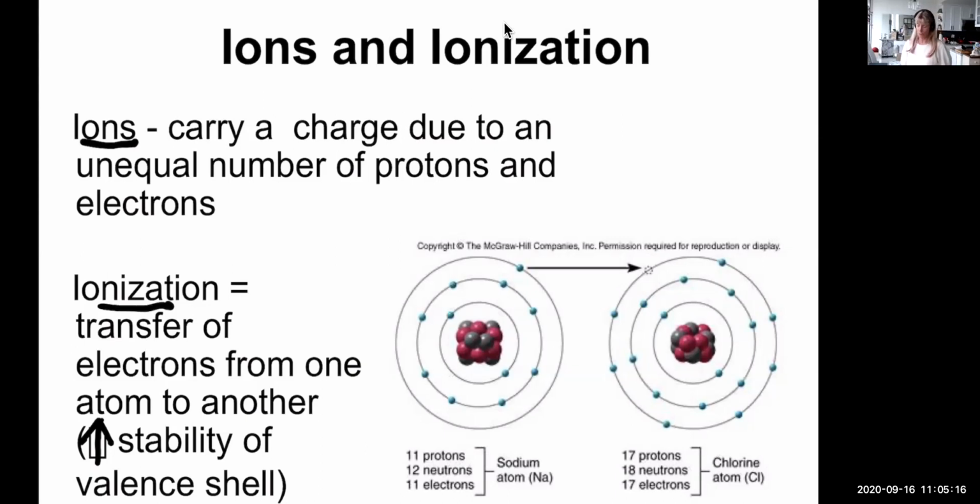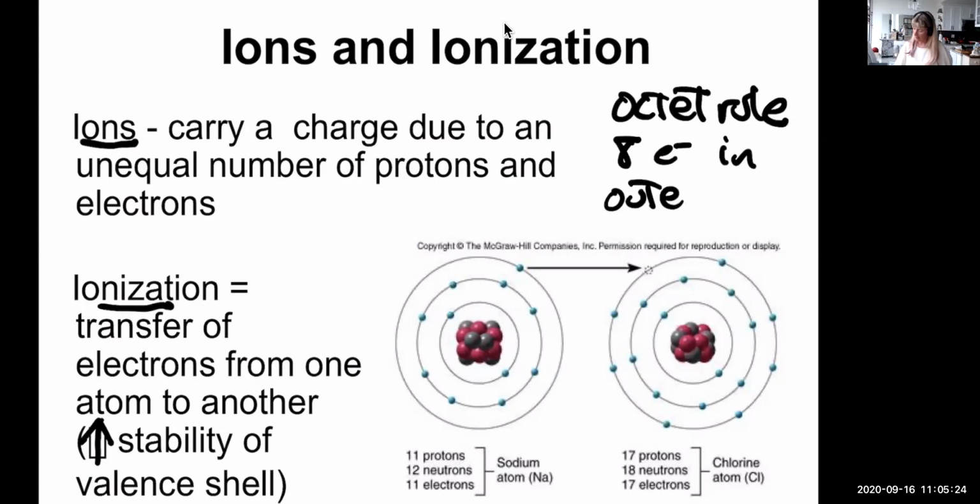That's the octet rule. 8 electrons in the outer shell. Now that's stability.